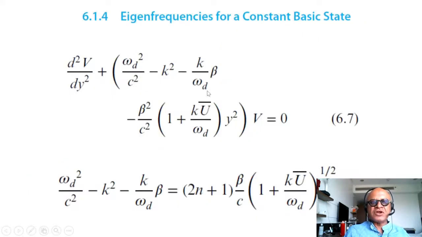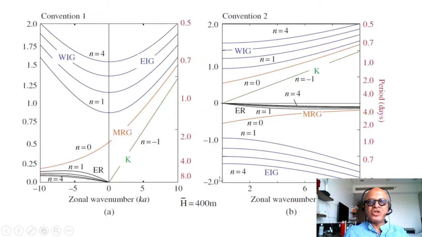So remember, we have the Hermite polynomial and dependence on n here. So this term is related to the Hermite polynomial this way. There are two conventions. I'm going to ignore this one because in this convention you actually get negative frequencies.